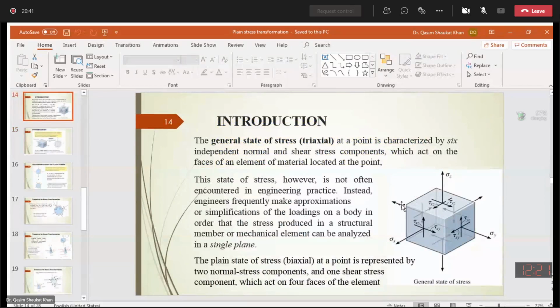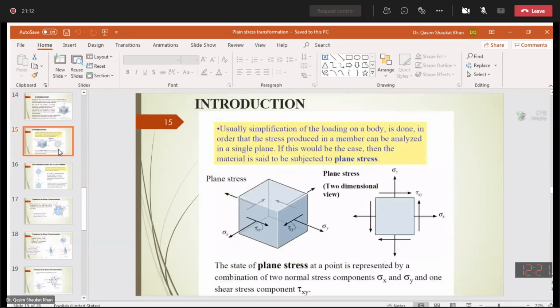In the triaxial stress state you had 6 faces. This was the X face, and opposite to this was the X face. Then you have the Y face and its opposite, then the Z face and its opposite. So you had 3 faces, and on them 3 normal stresses and 3 shear stress components.